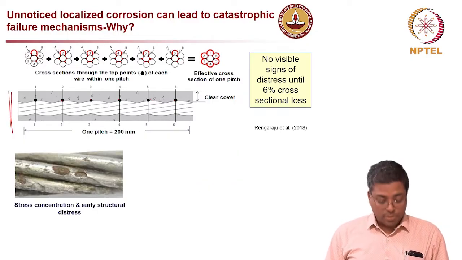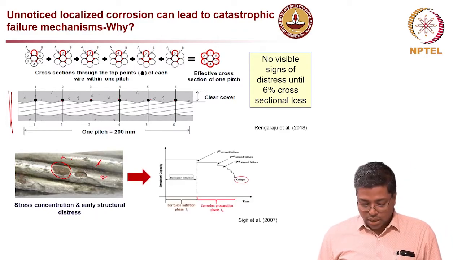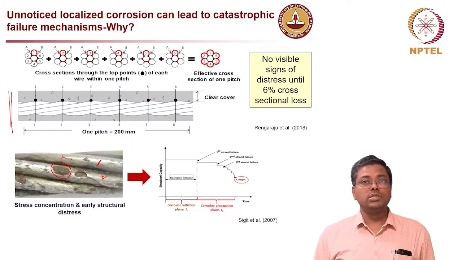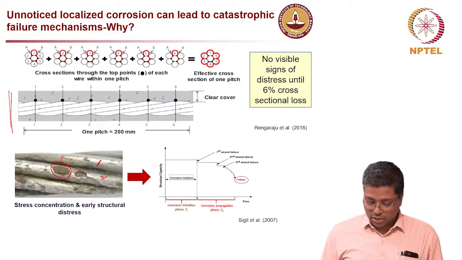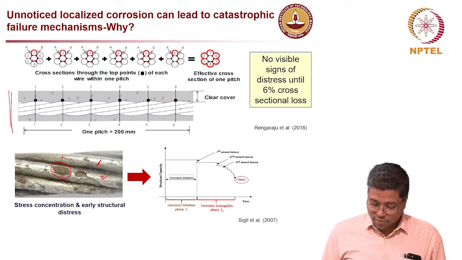In the picture on the bottom left, you can see severe pitting like this. You can see a pit form. So severe pitting, whereas in some regions there is no corrosion at all. Because of this, there will be significant reduction in the structural capacity, and that is a significant concern. So in the case of pre-stressed concrete, we don't even want to get into the corrosion propagation phase.